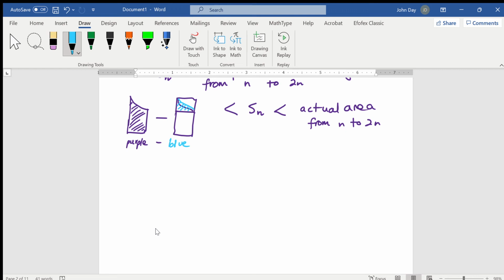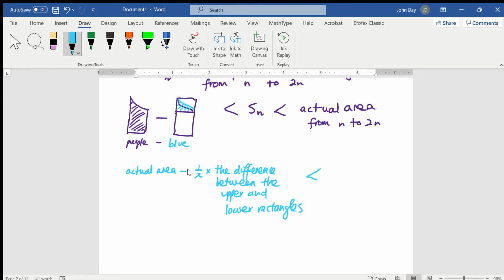So I'm going to take the actual area minus half of the difference between the upper and lower rectangles, which is like the purple minus the blue bit for all the strips, not just for one strip.